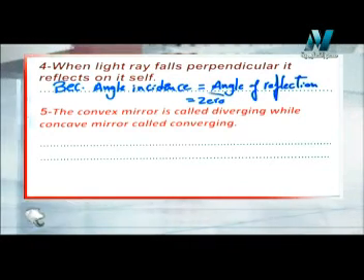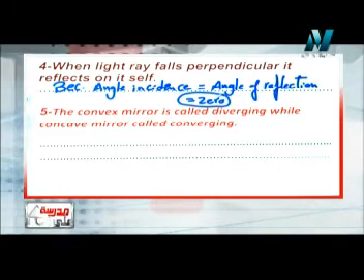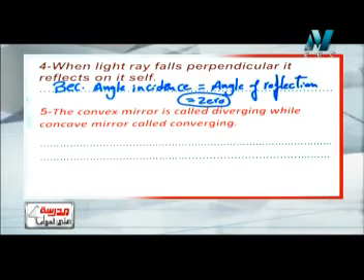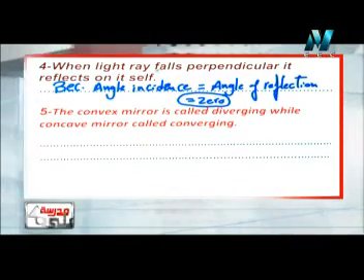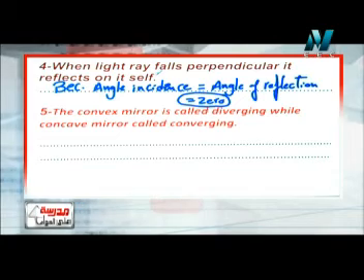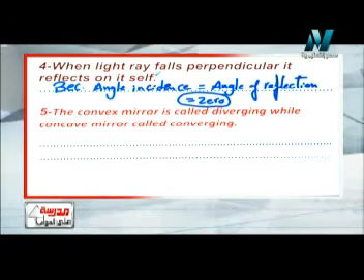In this case only it equals 0. Maybe the angle of incidence equals 30 degrees and the angle of reflection equals 30 degrees. So in this case the light ray reflects on itself because the angle of incidence equals the angle of reflection equals 0.